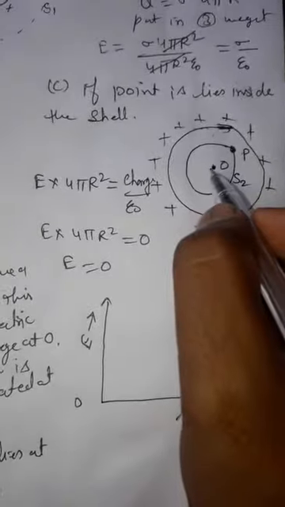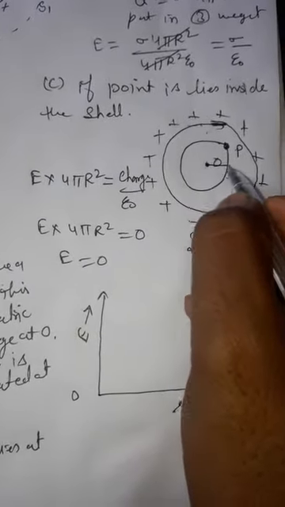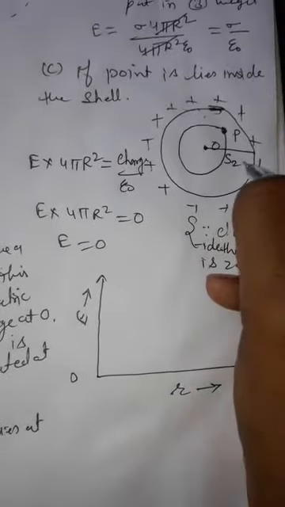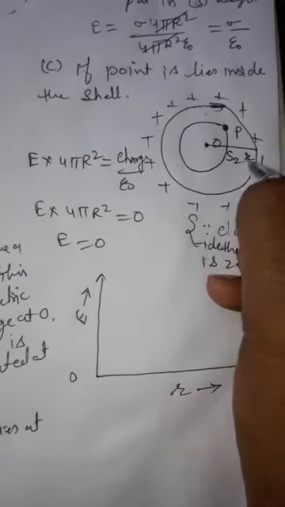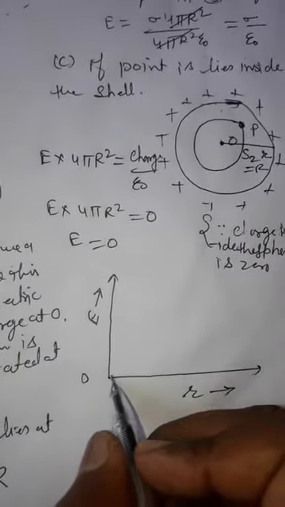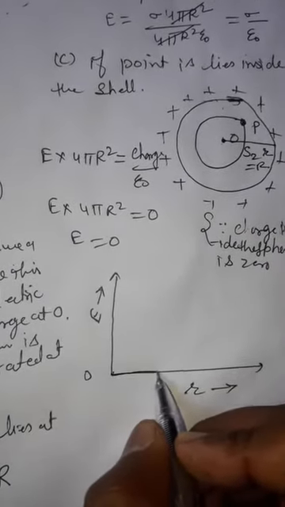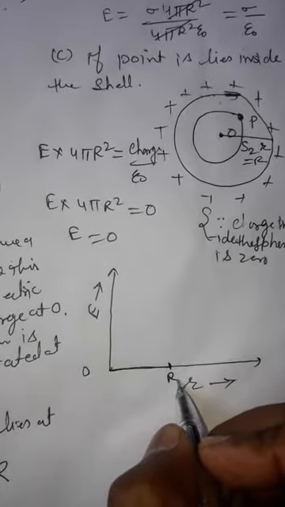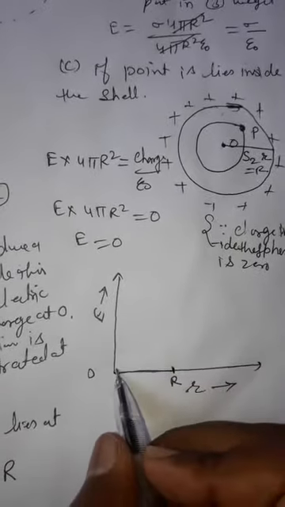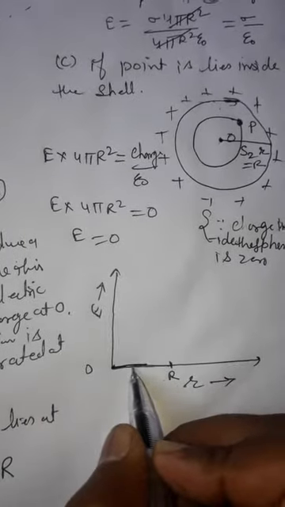Inside the shell, till small r becomes equal to capital R, the radius of the spherical shell, the electric field remains 0.